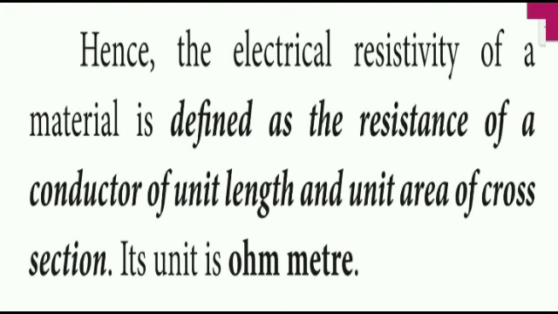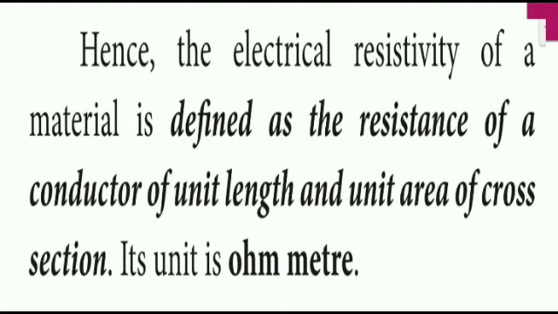First, start with electrical resistivity. See the definition. The electrical resistivity of a material is defined as the resistance of a conductor of unit length and unit area of cross section.